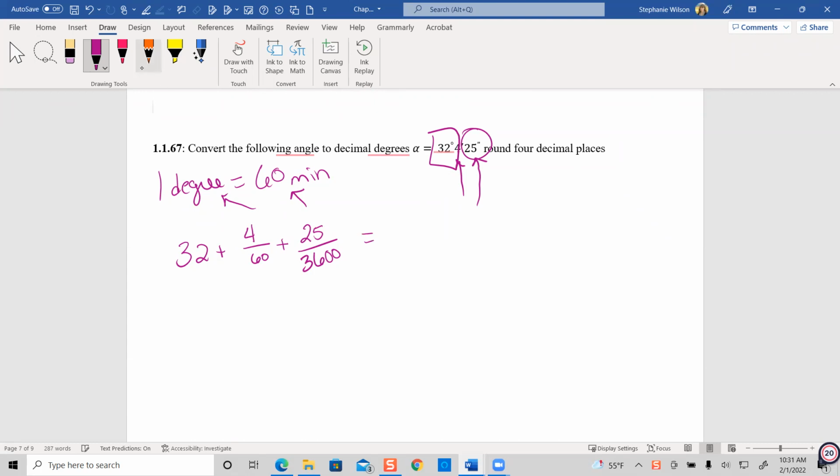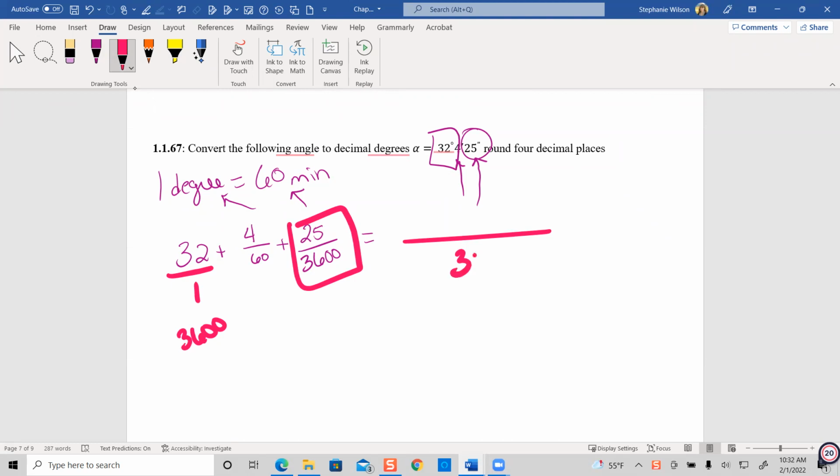In order to add, we have to have a common denominator. I'm going to put a 1 under that. And my common denominator here is going to be 3600. So this already has it in it, so I don't have to do anything to it. However, this one does not have it, so I need to multiply this one here by 60, top and bottom.